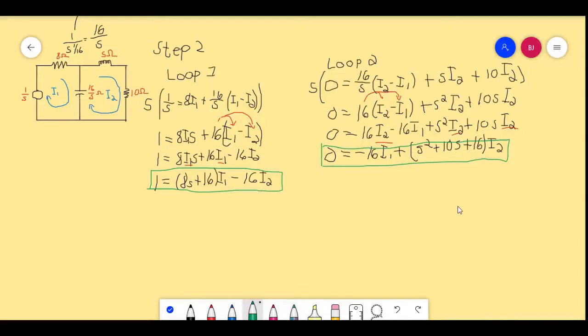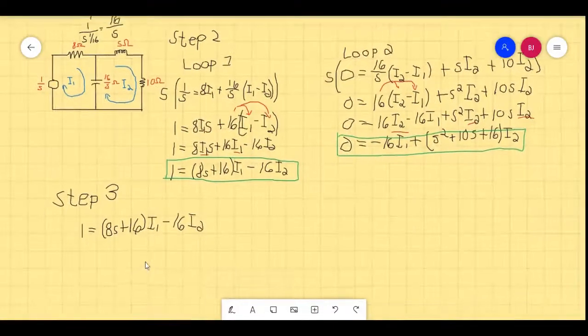In any case, let's arbitrarily start with loop 1 as our choice for the equation, and let's use I1 as our variable of choice. So we have here 1 equal to 8s plus 16 I1 minus 16 I2.